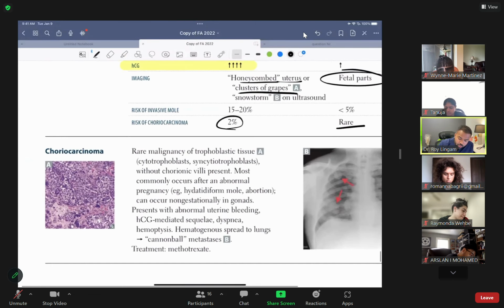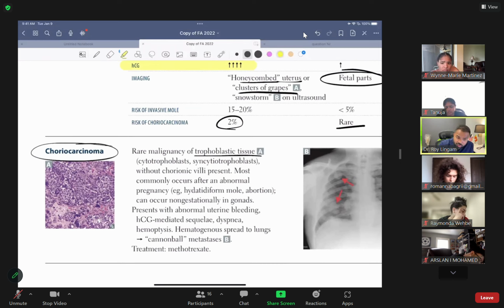Now, let's talk about choriocarcinoma, since it can be a result from the complete. It's a rare malignancy of the trophoblastic tissue. I mentioned those two tissues. Those are cytotrophoblast and syncytial trophoblast. Most commonly occurs after an abnormal pregnancy.